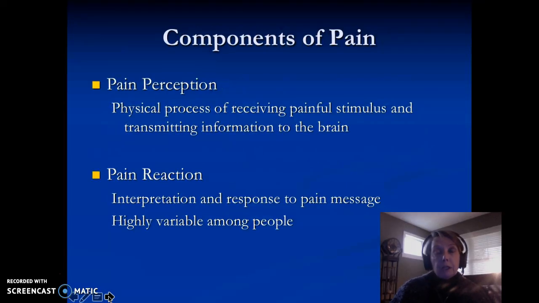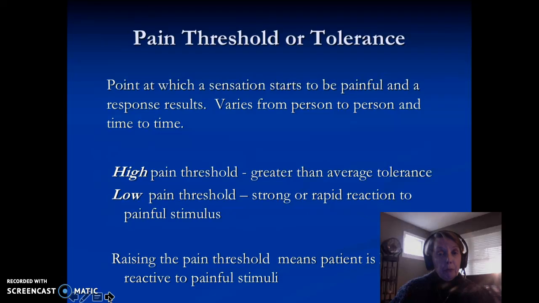There are three components of pain: pain perception, pain reaction, which is highly variable among people, and pain threshold or tolerance. Pain threshold or tolerance is the point at which a sensation starts to be painful and a response results. This varies greatly from person to person.